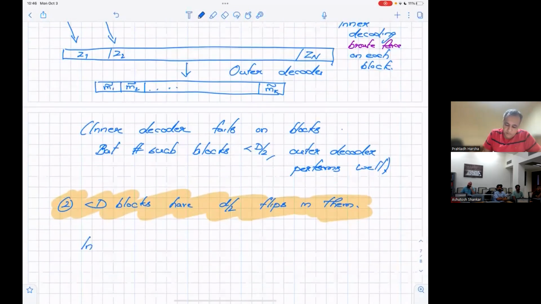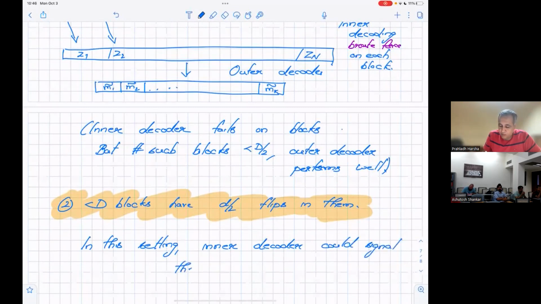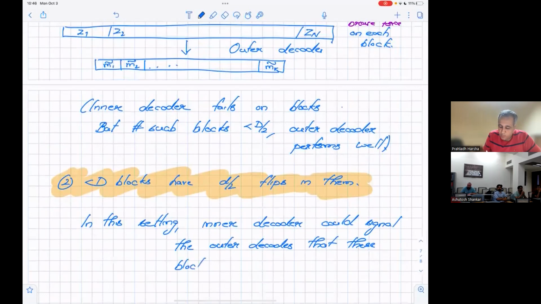Yes. So what I'm claiming is, observe in this particular setting, the inner decoder would signal the outer decoder that these locations, these blocks, are not to be trusted.